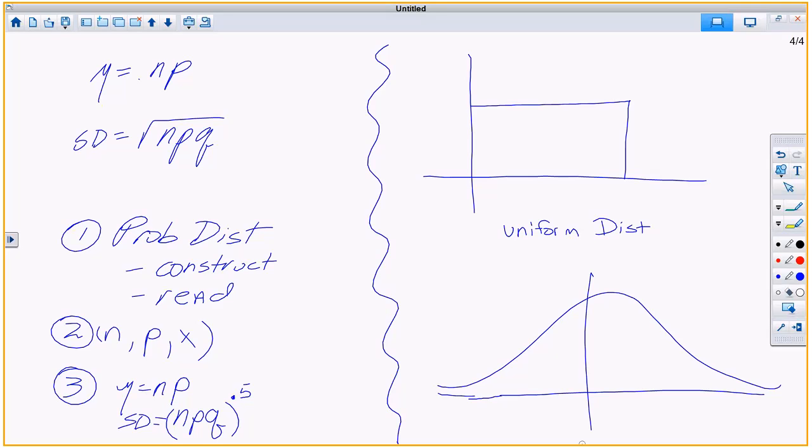Okay, this is 7.1 and 7.2. 7.1, well, I'll get to that. We'll go to the next page. I'll show you what the difference is.